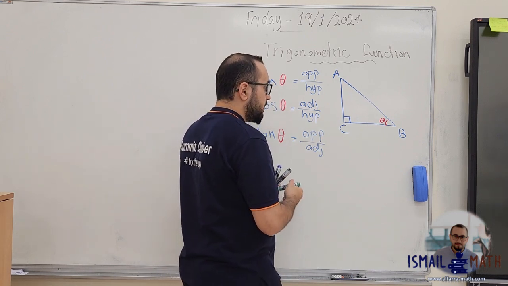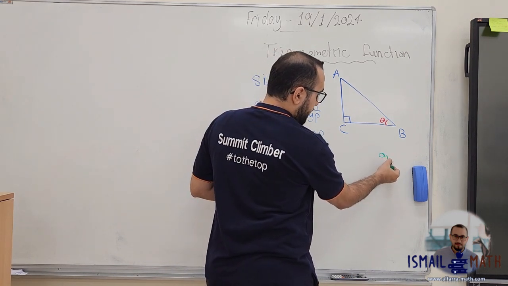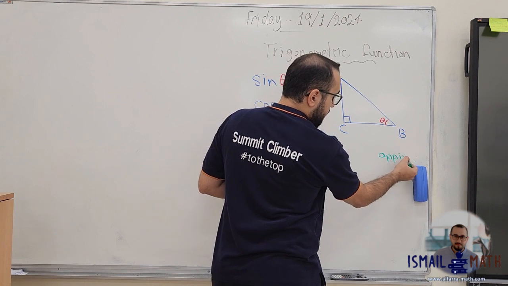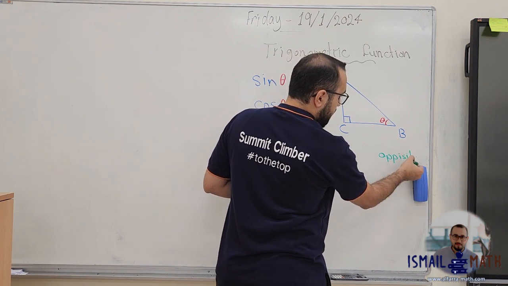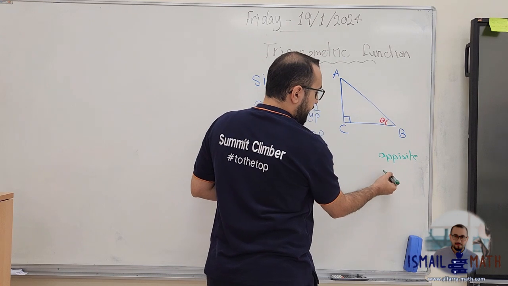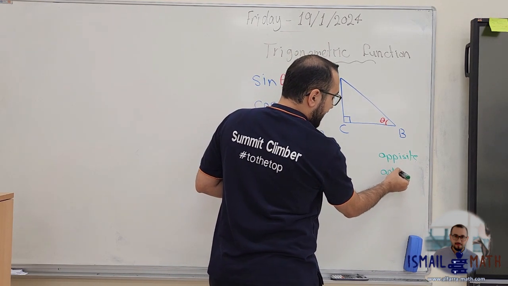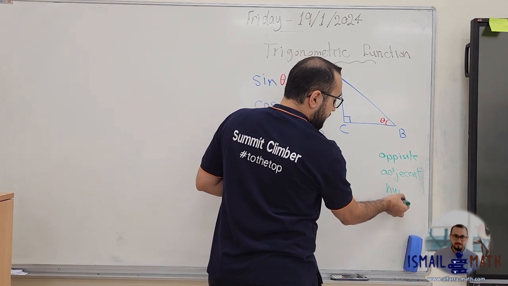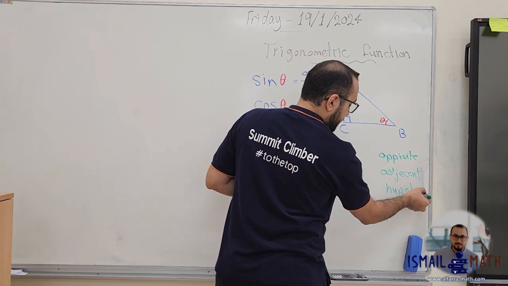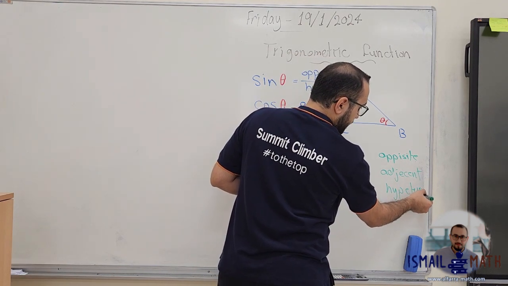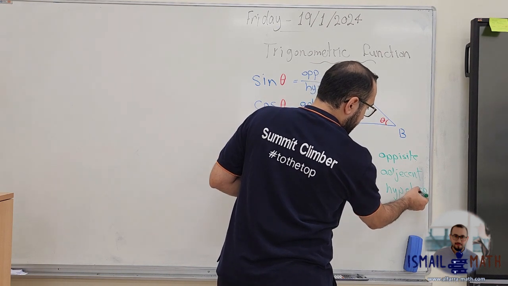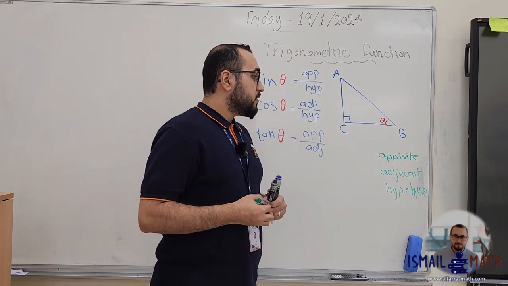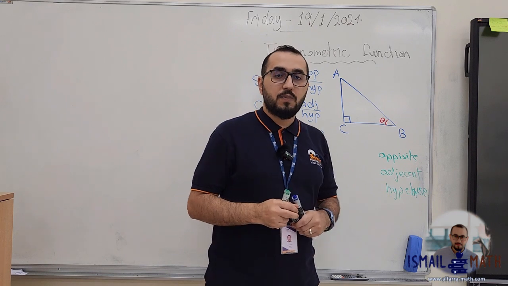Let me write them here. Op means opposite. Then we have adj, which is adjacent, and hyp, which is hypotenuse. Here is the hypotenuse. So as you can see, opposite, adjacent, hypotenuse.